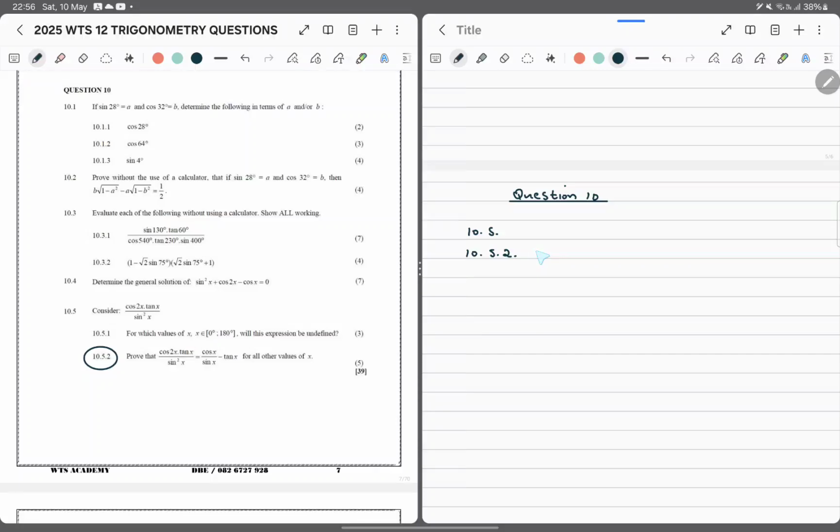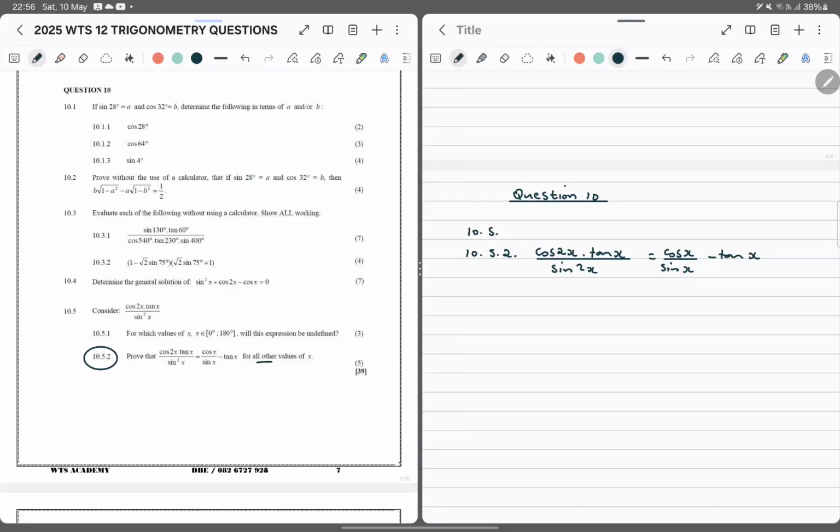So we have cos 2x times tan x over sine squared x. This is to be equal to cos x over sine x minus tan x. Okay, fine.